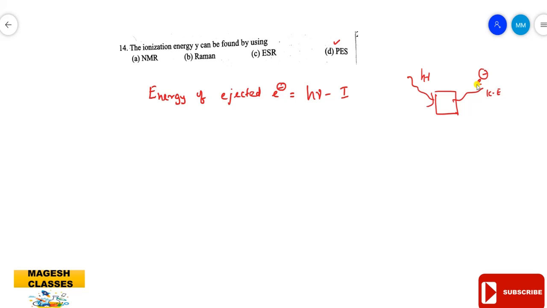So the kinetic energy of the ejected electron is equal to the energy of the incident radiation minus the ionization energy of the electron. So the ionization energy can be calculated by using photoelectron spectroscopy.